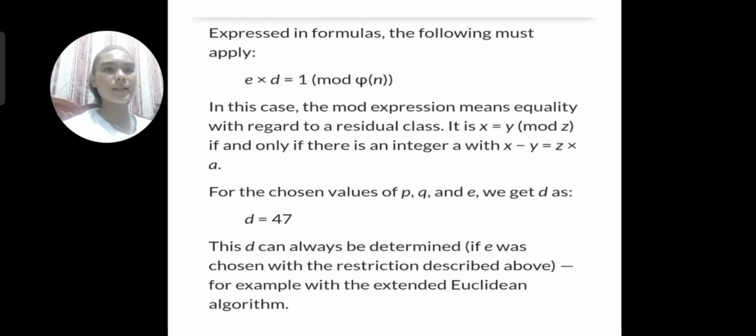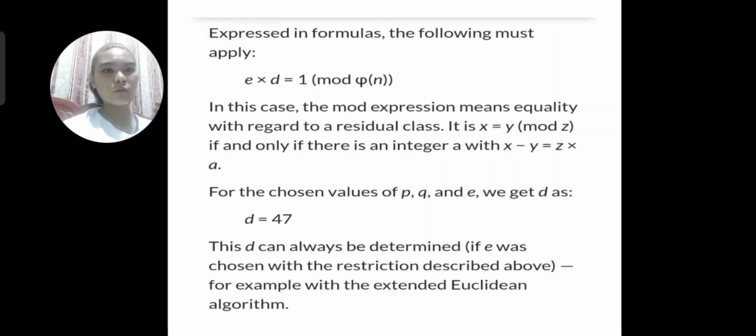In this case, the mod expression means equality with regard to a residue class. It is x congruent to y mod z if and only if there is an integer a with x minus y equals z times a.